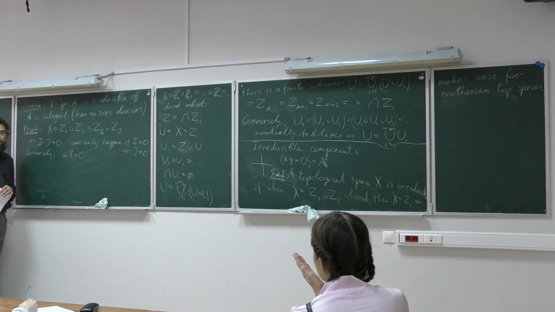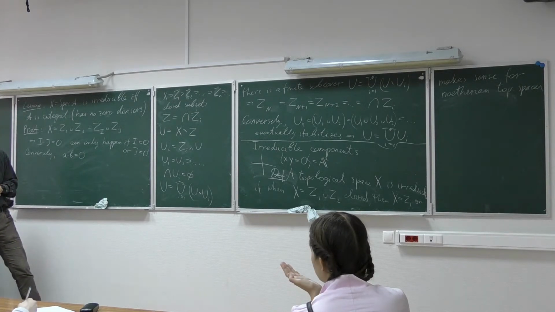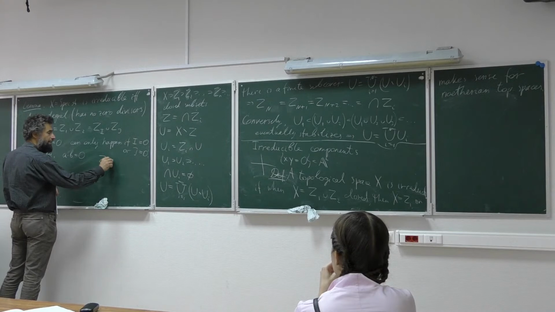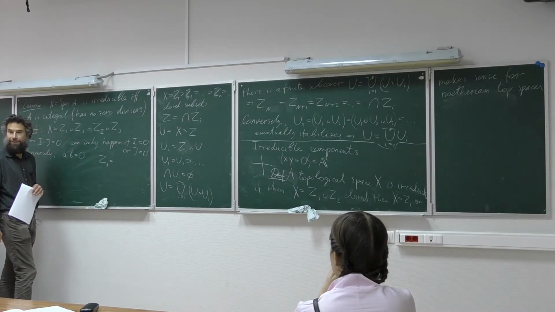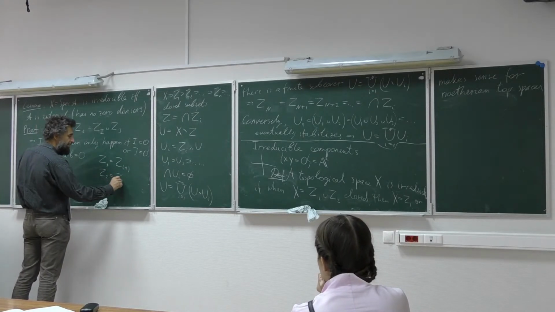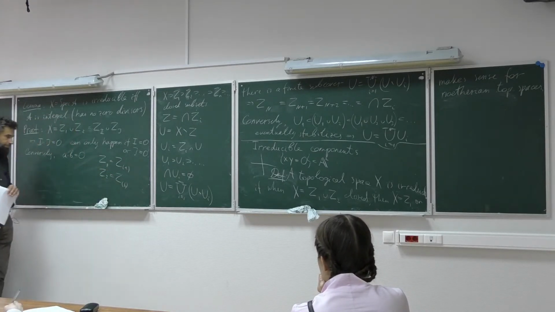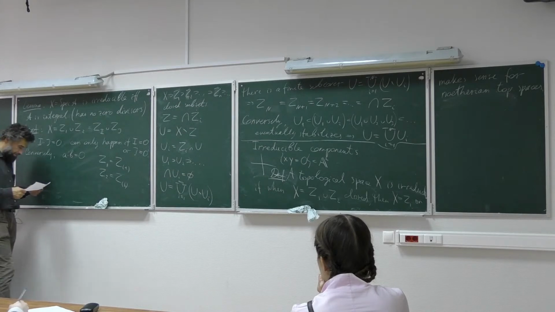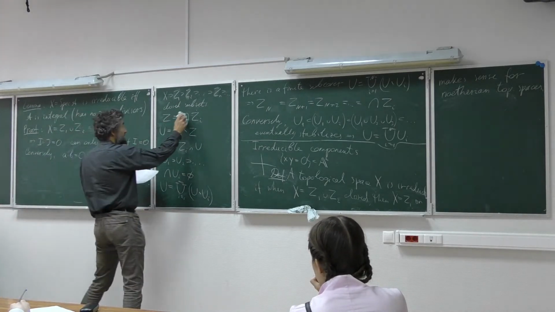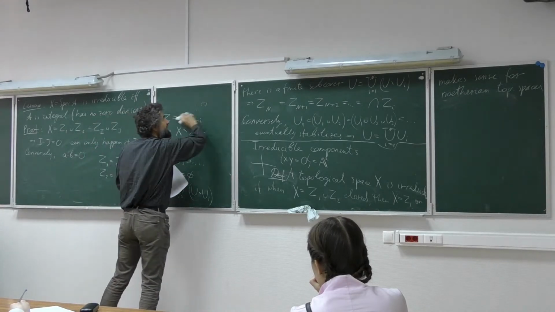Then what will be our A? We can make the same group. So what will be Z1? ZA. ZA, yeah. And Z2 will be ZB, yeah. Fine. Okay.